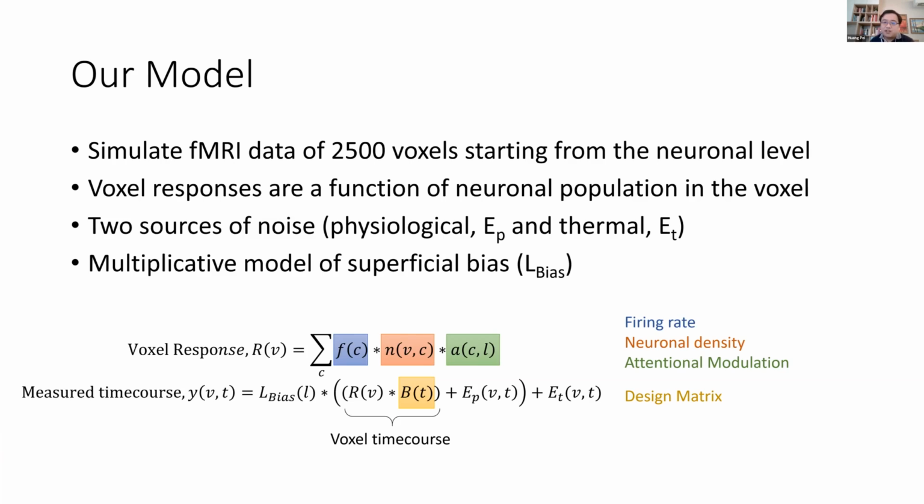Then we generated the voxel time course by multiplying the voxel response with the design matrix of our experiment. Lastly, we added in physiological and thermal noise, as well as the multiplicative superficial bias, to obtain the overall measured time course, which is what we get from our fMRI data.